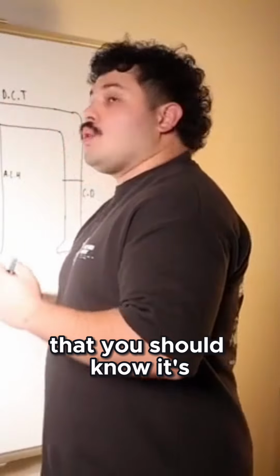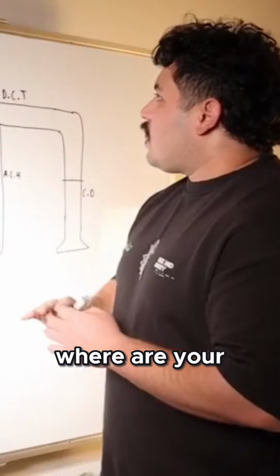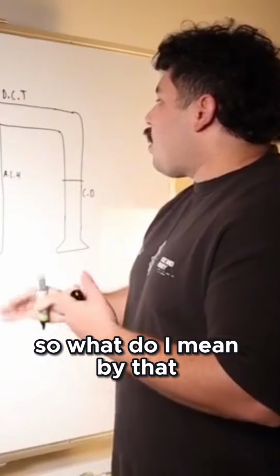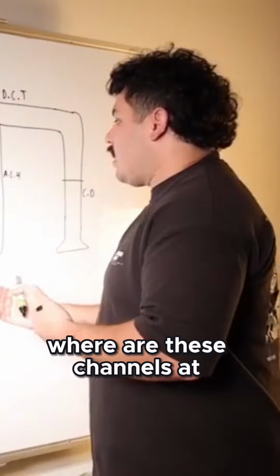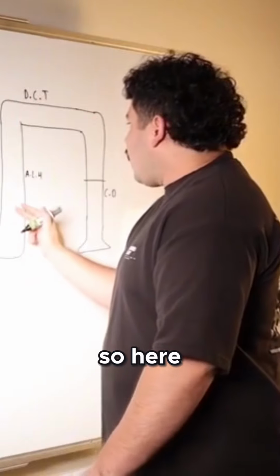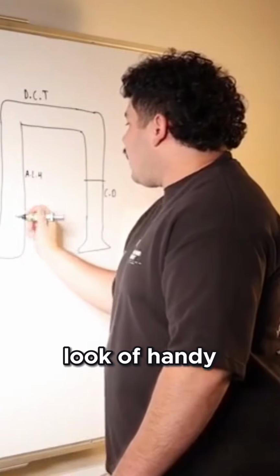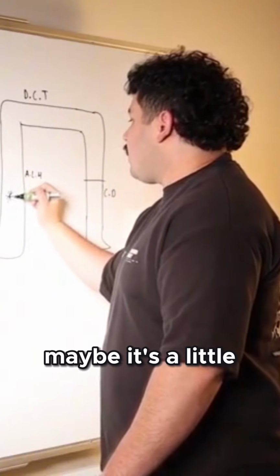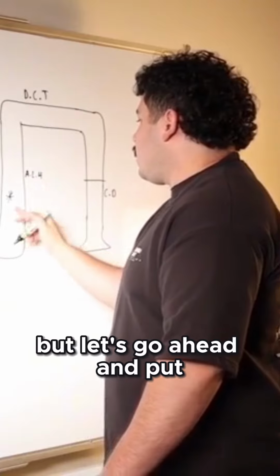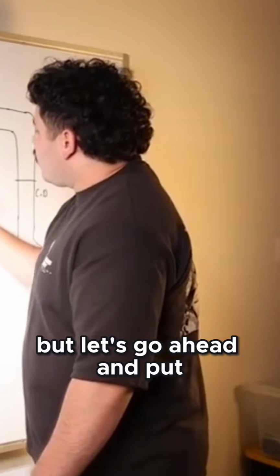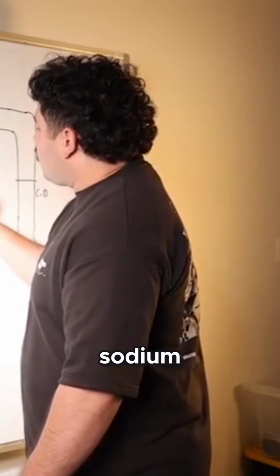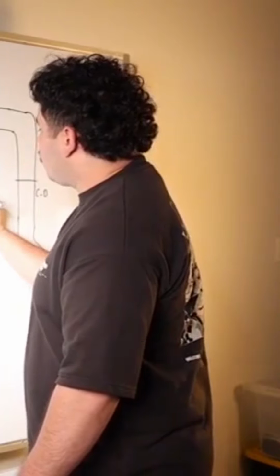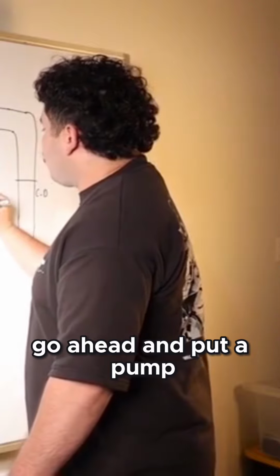Now for the next point that you all should know is where your transportation is going to occur. So what do I mean by that? Where are these channels at? So here around the ascending loop of Henle, I'm just going to put a star, even though maybe it's a little too objective, but let's go ahead and put sodium-potassium-chloride channels, and I'll just go ahead and put a pump.